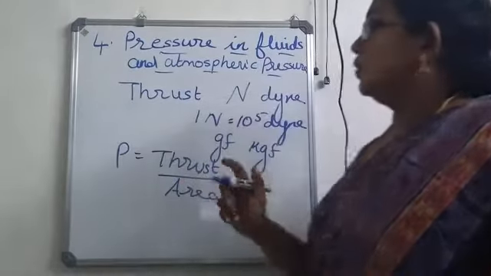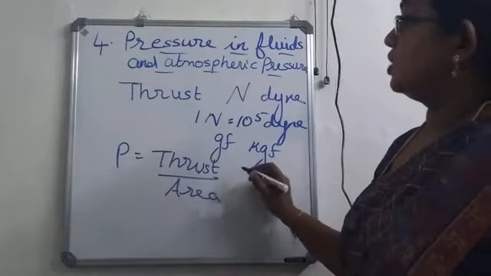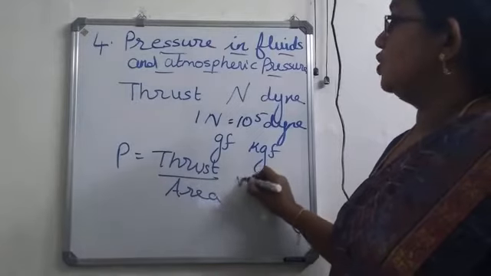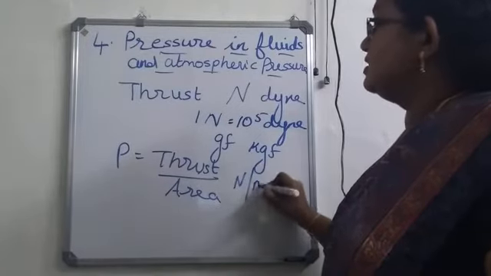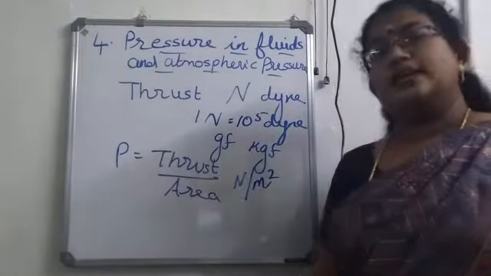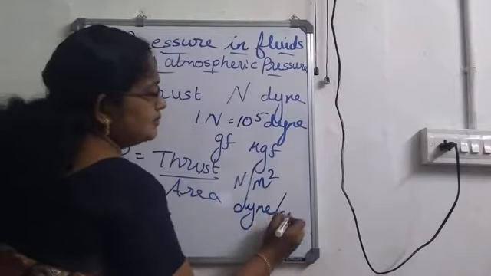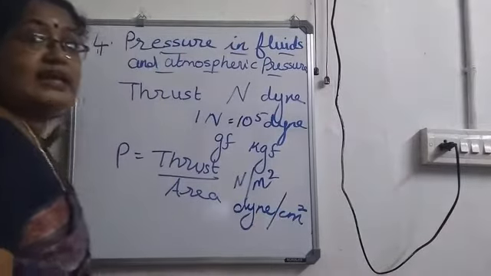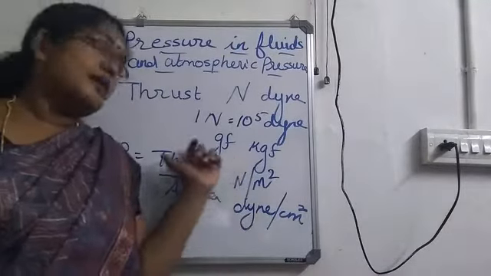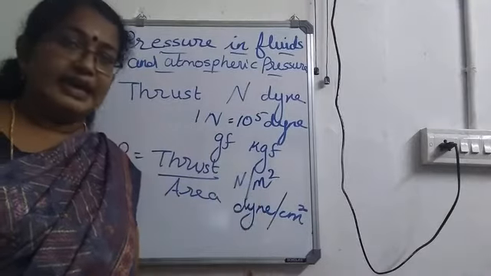Now, what about the unit for pressure? From this equation, the unit of thrust is Newton and for area it is meter square. So Newton per meter square is the unit in the SI system, and dyne per centimeter square is the unit in the CGS system, because pressure is thrust by area.